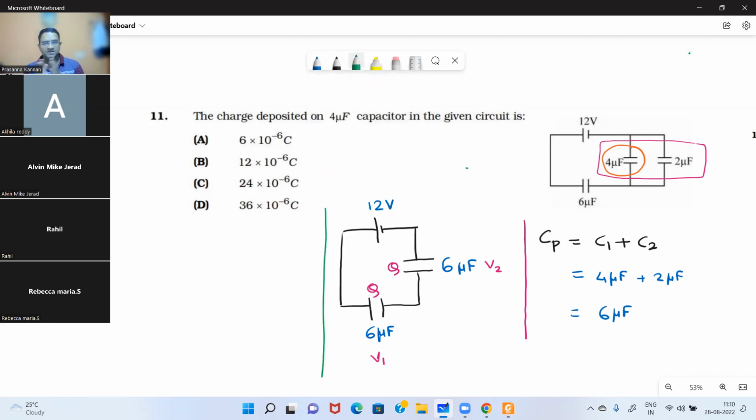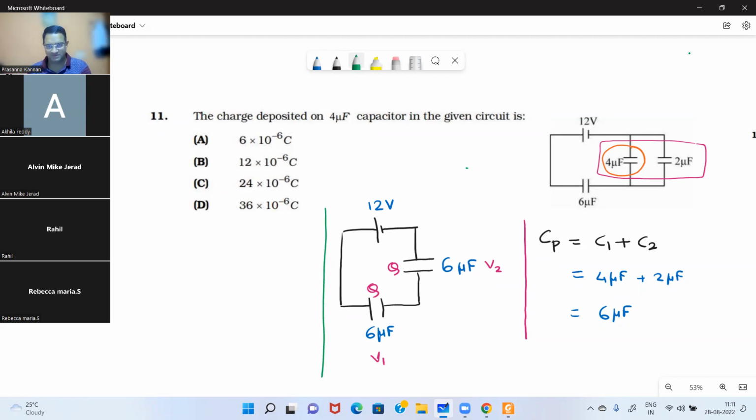Now, because the capacitors are equal, in what ratio will the voltages be dividing? How will the voltages divide among the two capacitors? The voltages will divide equally.